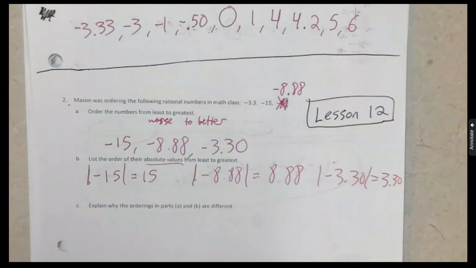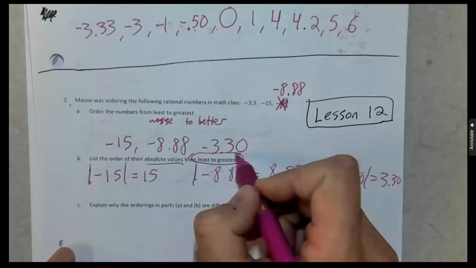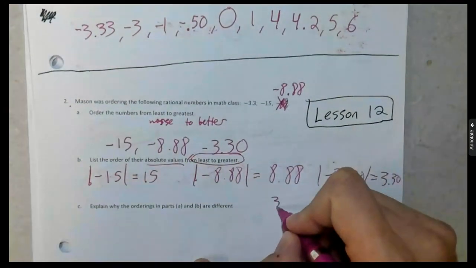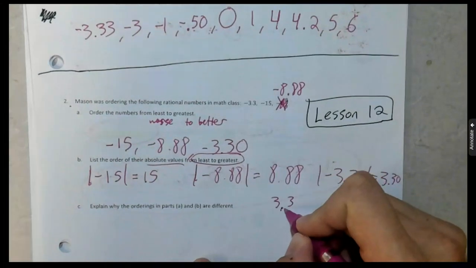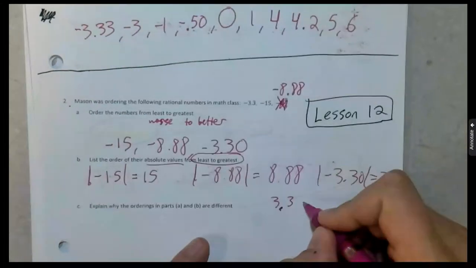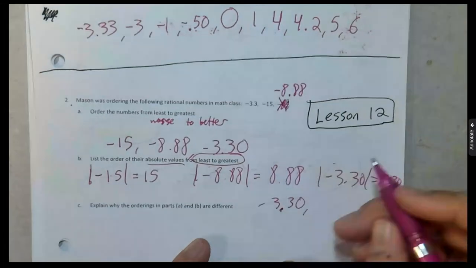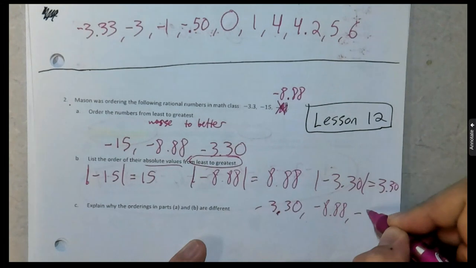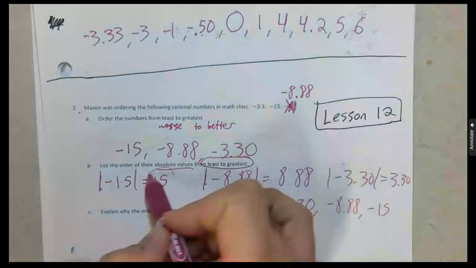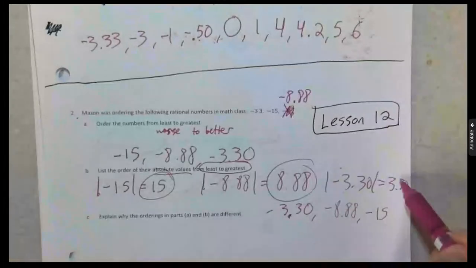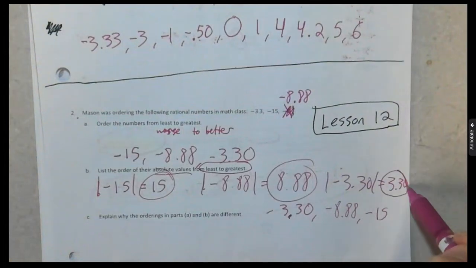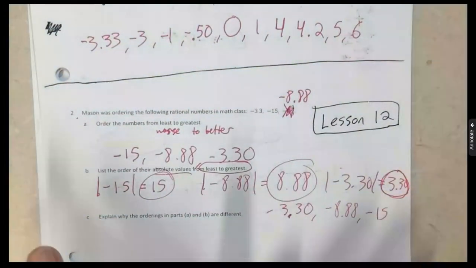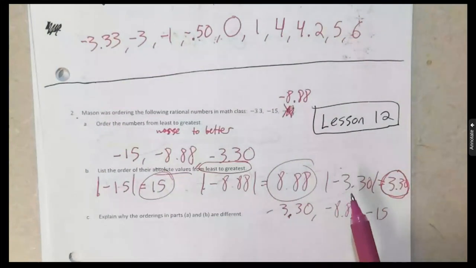So if we're listing them by their absolute values from least to greatest, it's actually the opposite: 3.30, negative 8.88, negative 15. Because the distance, how far away they are from 0, is kind of inverse or flipped when they are negative.